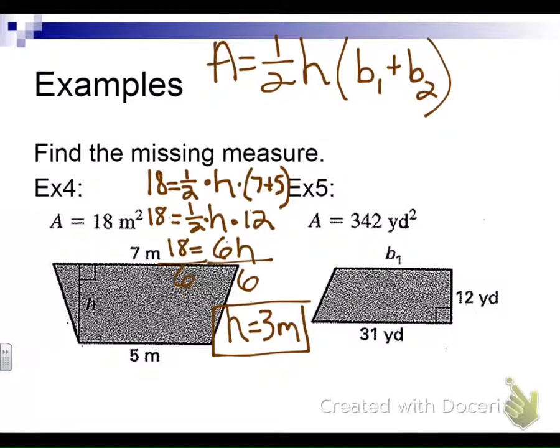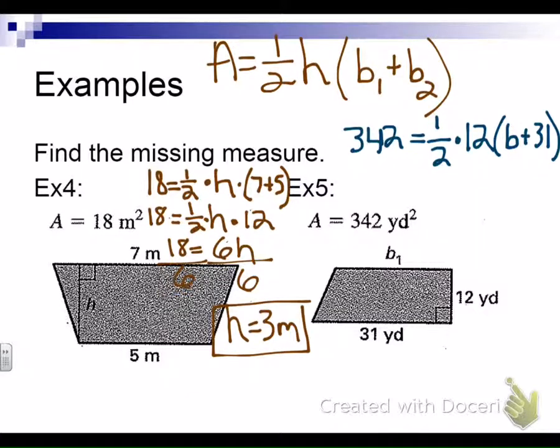Okay, the next one. Our equation should be 342 equals what? 1/2 times what, times 12 times... Would you just call it B? Yeah, B works. B plus 31. Good.